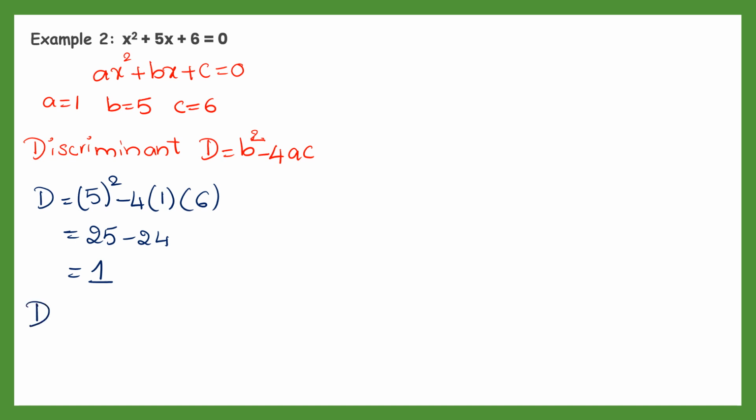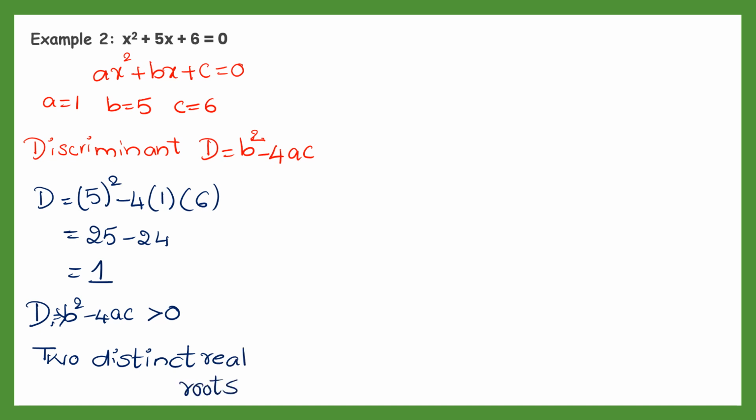That means discriminant D, that is b² - 4ac, is greater than 0. So we know the roots will be two distinct real roots. That means you will get two real roots and they will not be the same. So based on the discriminant, we are telling the nature of the roots. Let's find the roots and check whether this is correct.